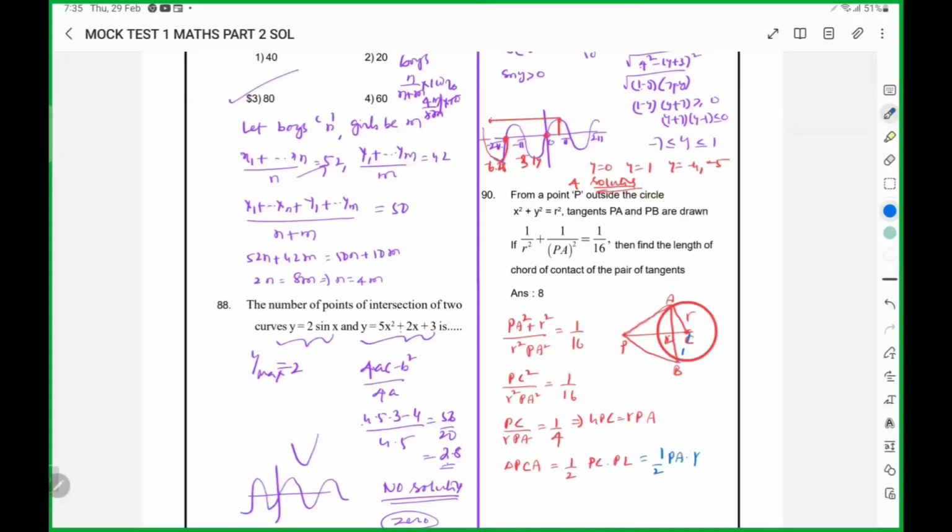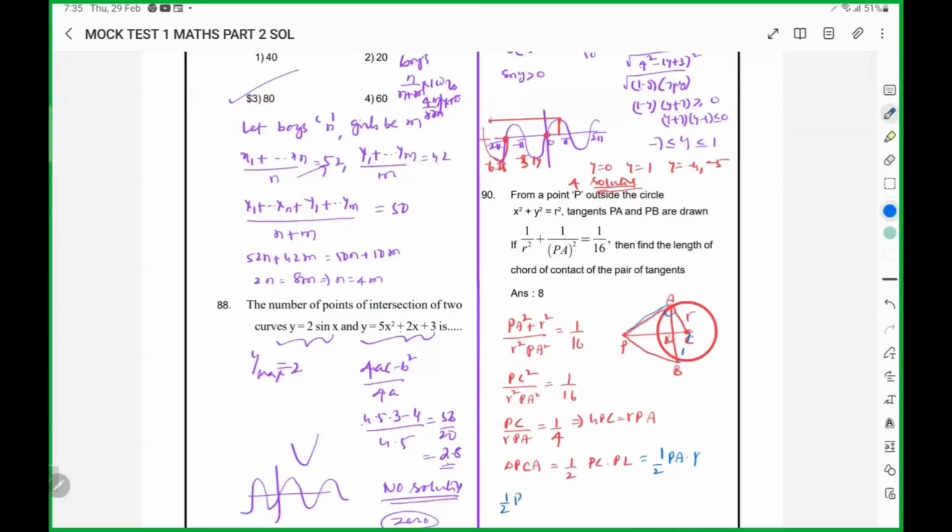If you take this as the base, the height will be R. Similarly, what he has given is PC is equal to R by PA, right?